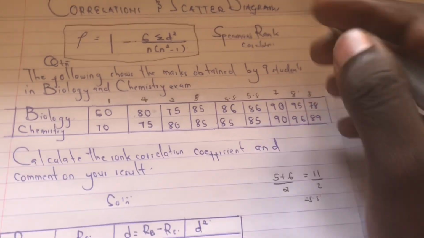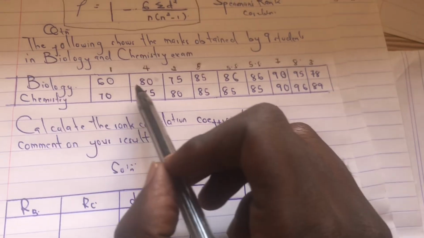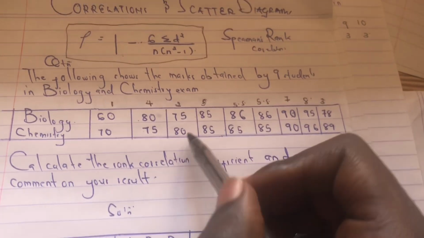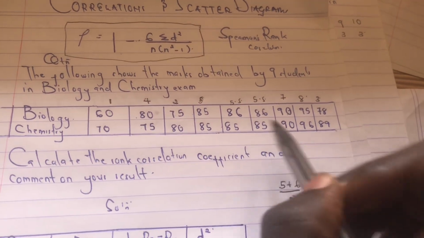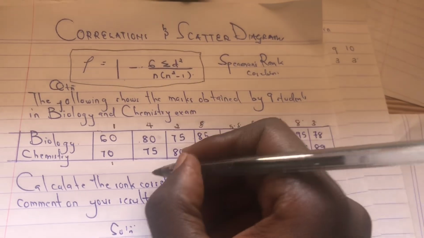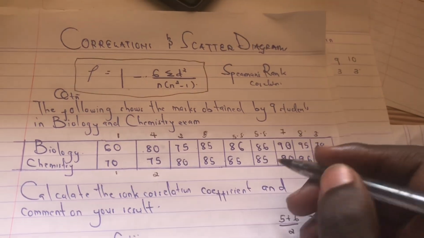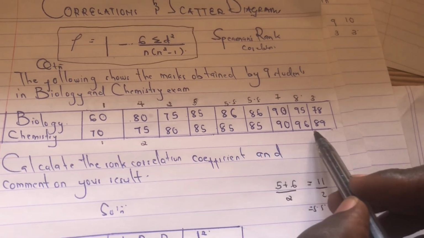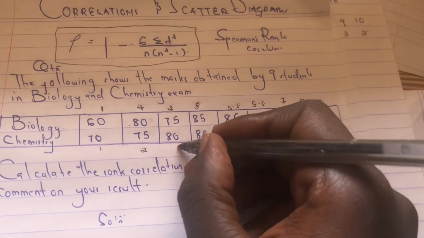Then we also rank those of chemistry in ascending order. You can use descending, but we decided ascending. So what's the smallest here? We still see 70 is the smallest, so it will be 1, followed by this. This will be 2. Then what follows, which is the smallest? After this, we have 80, which is 3.